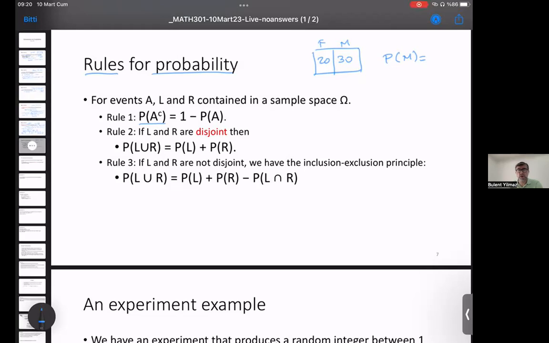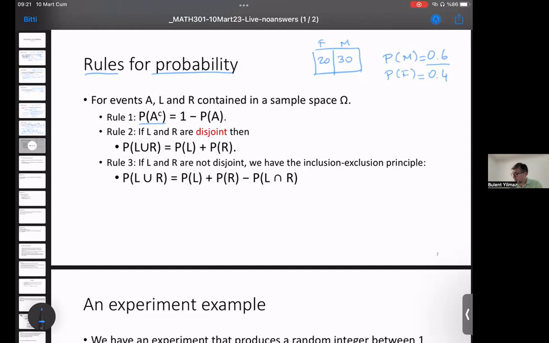It will be 0.6. The probabilities are not in percentages, but like 0.6. The probability of choosing a female from the classroom will be 0.4.